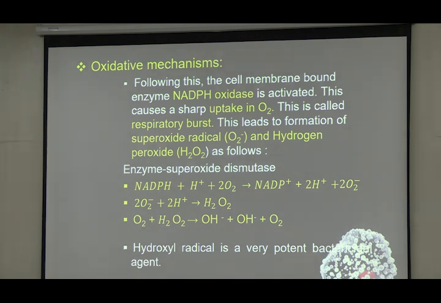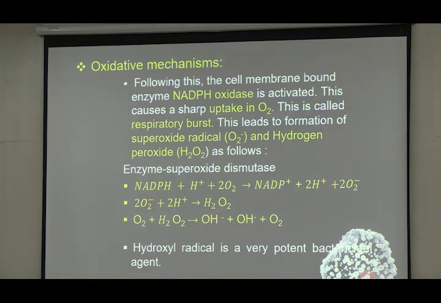Why? Because at that time, the oxygen demand by the neutrophils is increased. So NADPH combines with this oxygen, and this will form NADP plus 2 hydrogen ion, and this is one of the oxidants.